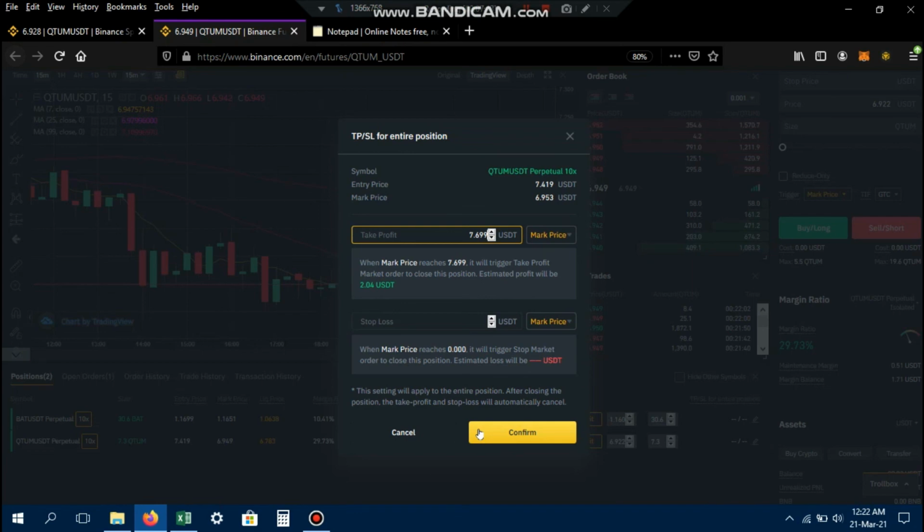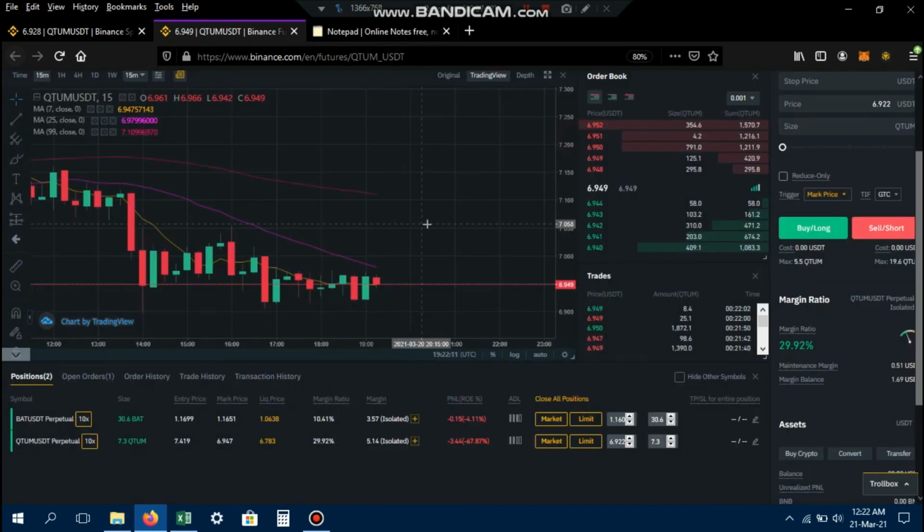Like this you will set your take profit price. If you want to sell at the market price, you just click market and your trade will be sold at the market price.